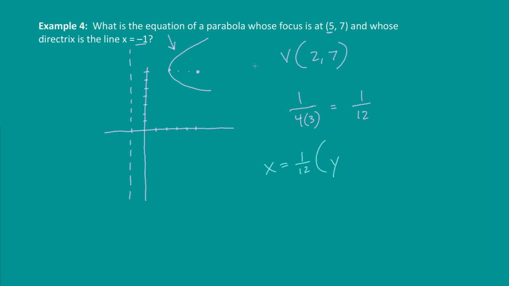Now, got to be careful. We're going to swap our x's and y's. So this is going to be y minus 7 squared plus 2. We used our vertex, and because this is a horizontally opening parabola, we're going to swap the x and the y, so it's going to be y minus our y value for our vertex plus the x value for the vertex, and our value in front is going to still be 1 over 4p.